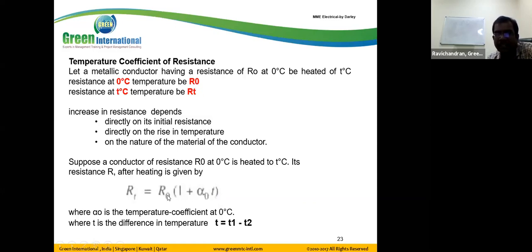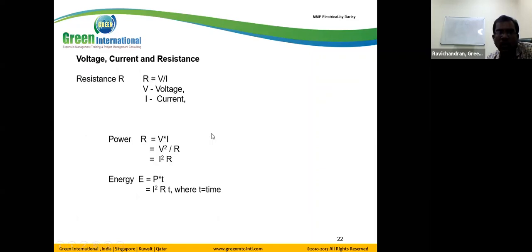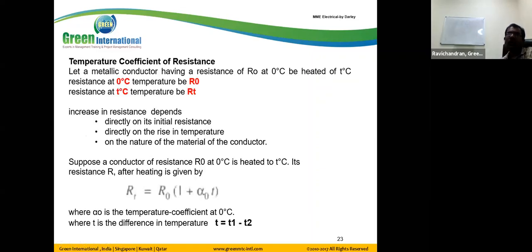R0 is the resistance at 0 degrees, alpha naught is the temperature coefficient at 0 degrees, and T is the increase in temperature. Just be familiar with this formula. Later we have some problems on this.